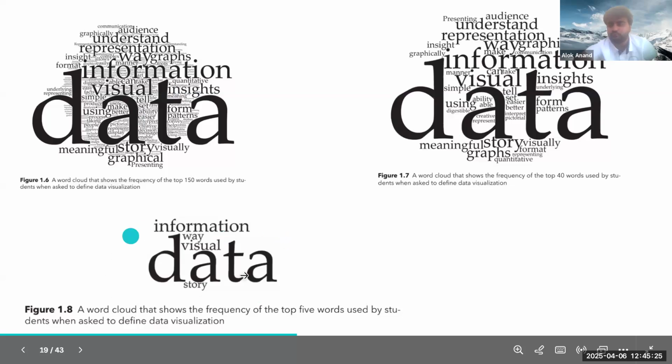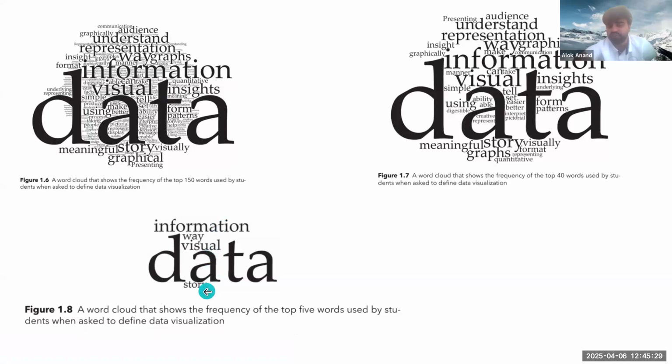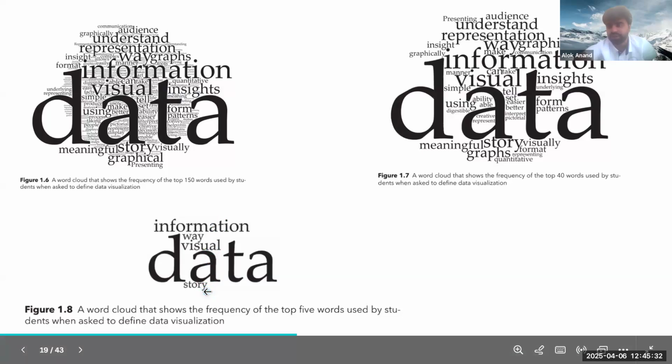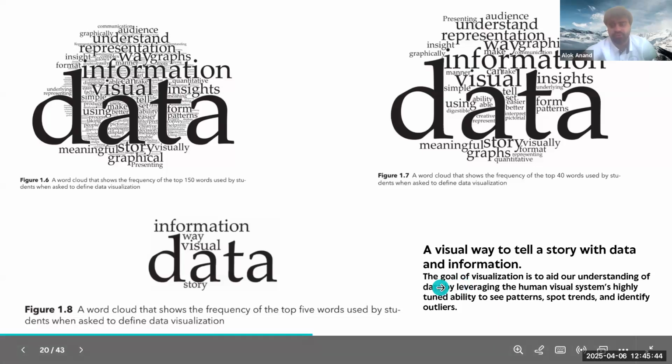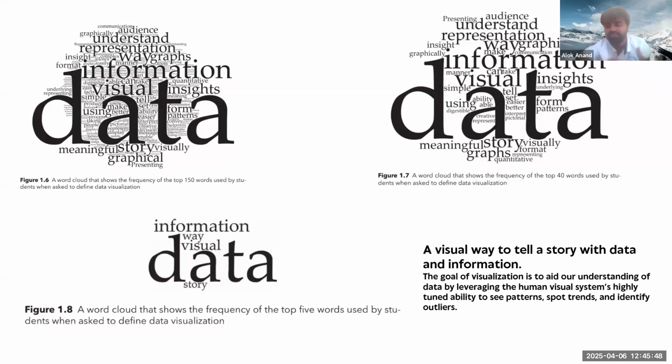And now from these top 5 words, what you can see is: data, visual, way, information, story, right? So if I have to connect all these 5 words together, what I would find is that data visualization is nothing but simply a visual way to tell a story with the data and the information. Okay. And the goal of visualization is to aid our understanding of the data by leveraging the human visual system's highly tuned ability to see patterns, right?